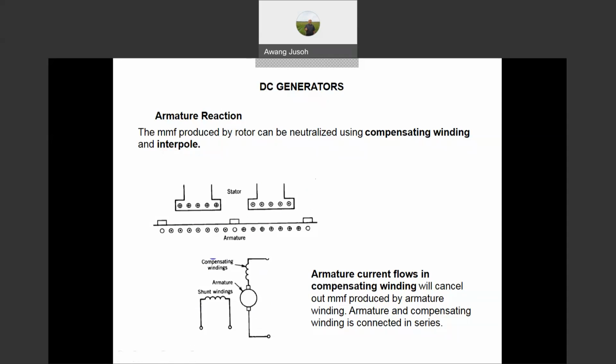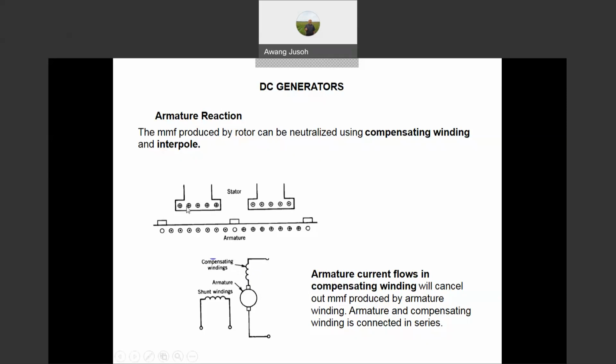You get MMFA due to the armature current IA, so we need to cancel this one. That's why we need to wind the wire here opposite. That means the MMF from the armature reaction will be cancelled by this compensating winding MMF. That's how it works.